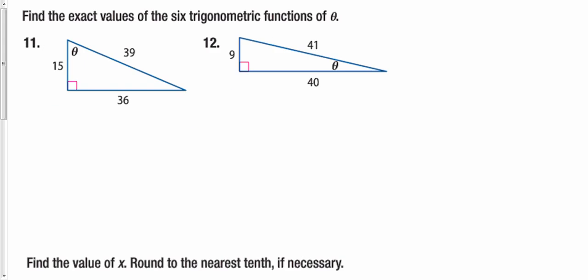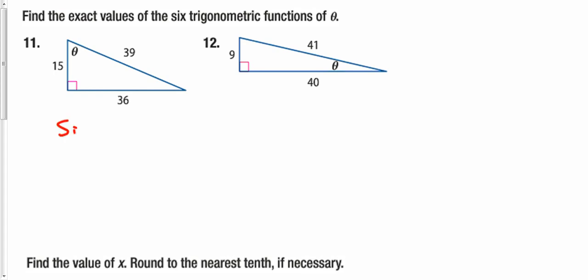Okay? So let's take a look at a couple example problems. The first one says, find the exact values of the 6 trigonometric functions of theta. So I'm going to find the exact values of the 6 trig functions of theta.